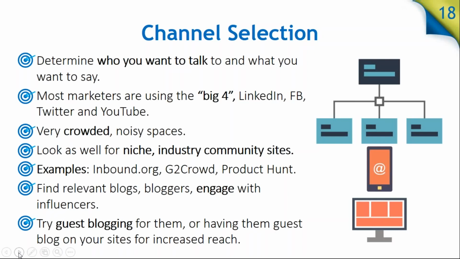On some of these websites, you find tech startups and companies that are producing software products, or inbound marketers, and you get much higher engagement and an ability to find a community and build your reputation. And then eventually you can gain more followers as well on LinkedIn, Facebook, Twitter, and YouTube.